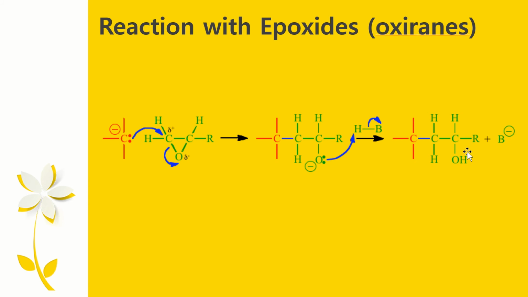Just to point out here that if you are given a product and you know that you start off with a carbanion, then you should be able to predict the other reactant. Let me say that again.